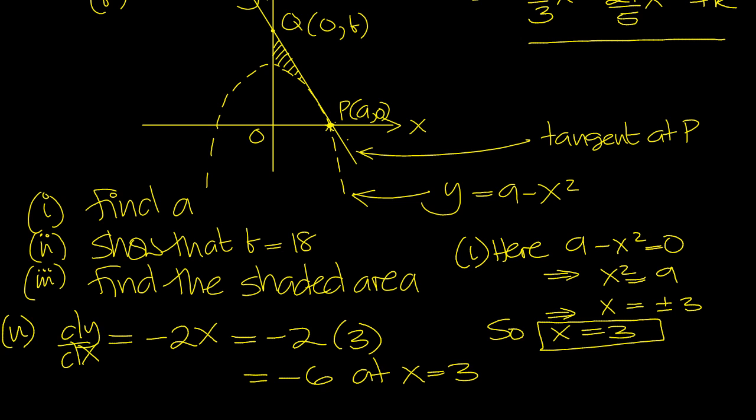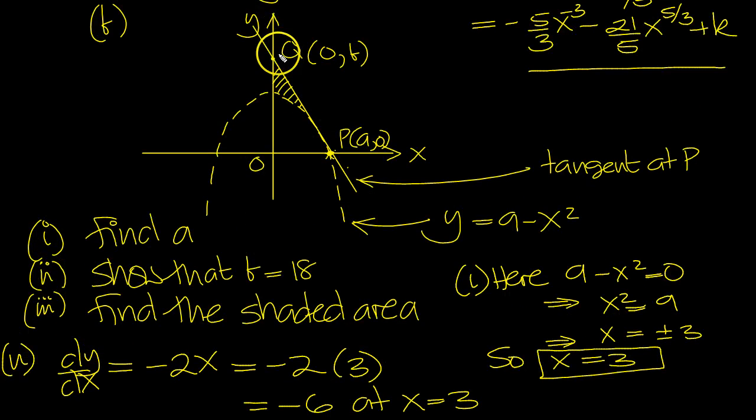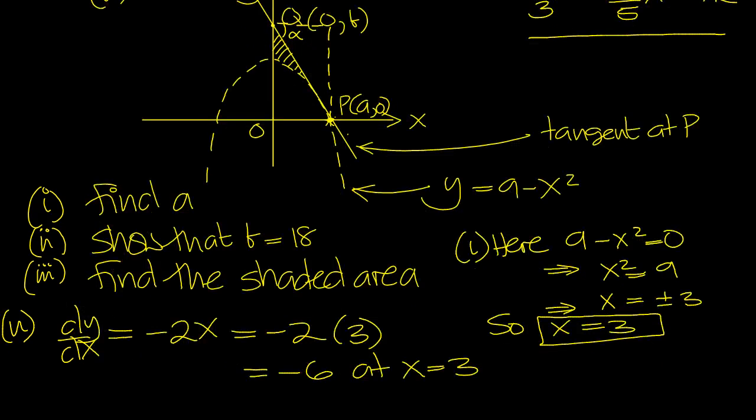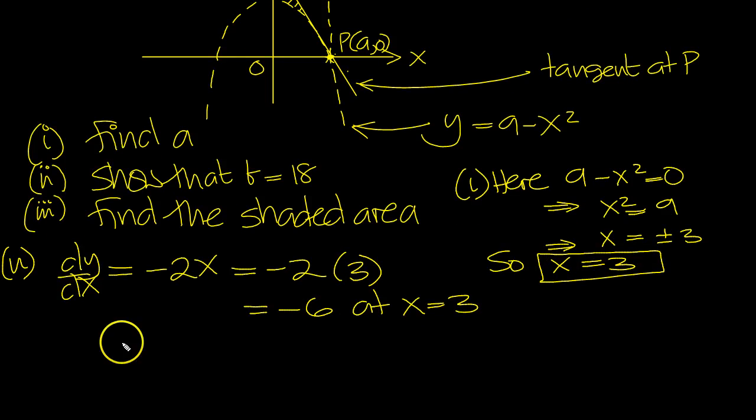So that's the gradient. So if you think about the gradient of the line, here's the angle. That's the tangent. It's the opposite, which is B, over the adjacent, which is A. But it's minus B because it's going down, isn't it?